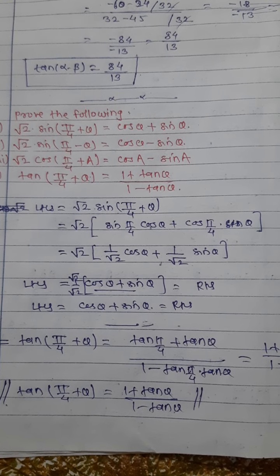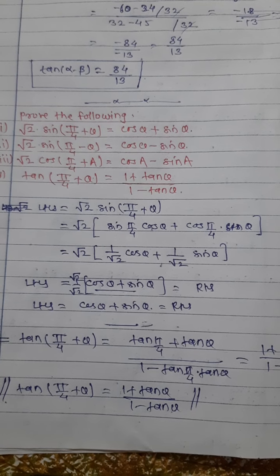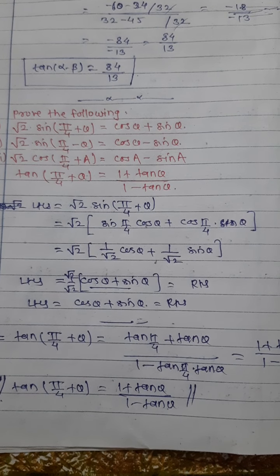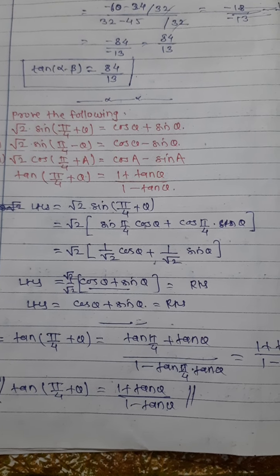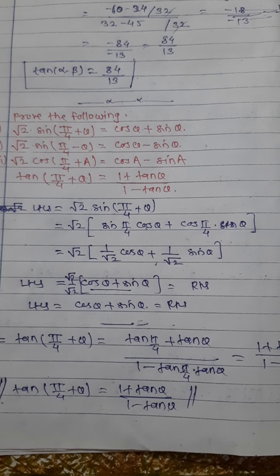Here you can use the formula, otherwise the theorem, sine of A plus B. Using this theorem we can expand this: under root of 2, and the expansion will be written in the square bracket, that is sine pi by 4 into cos theta plus cos pi by 4 into sine theta.